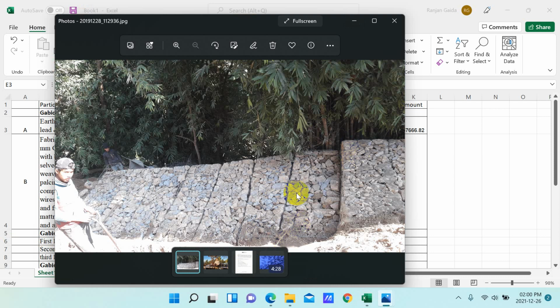Suppose this is the width, so the width is 1 meter, 2 meter and 3 meter. We have to excavate 48 meters along this side and 3 meters on this side, so that you can install your gabion wall accordingly. But during the excavation we need to excavate something a bit more for workability purposes.